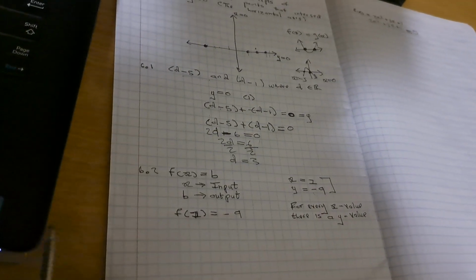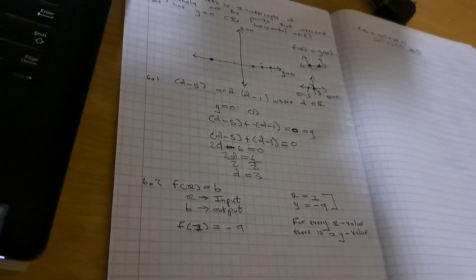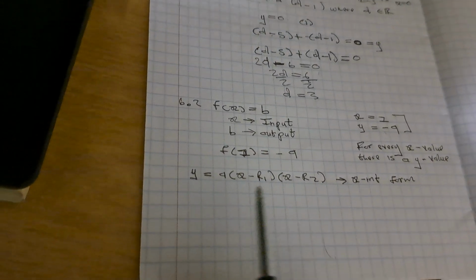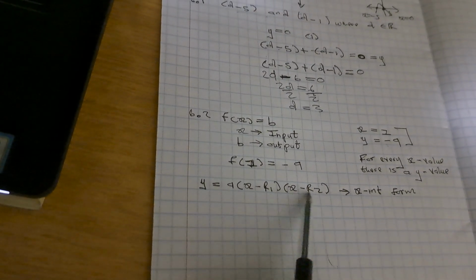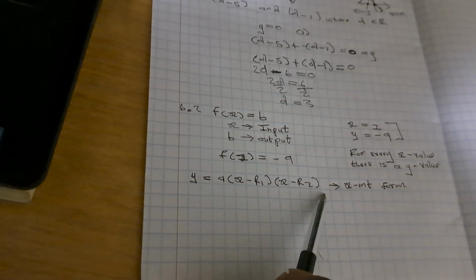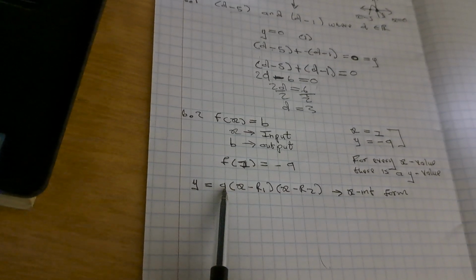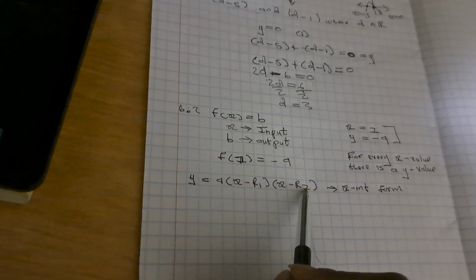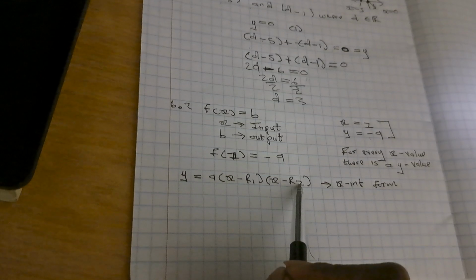So we read the question. The question wants the values of a and c, right? So I want to show you something. I'm pretty sure you're wondering what this is. This is the x-intercept form. We call it the x-intercept form of a parabola. You use this when you want the value of a, when you are given the roots, the x-intercepts, the zeros, right?